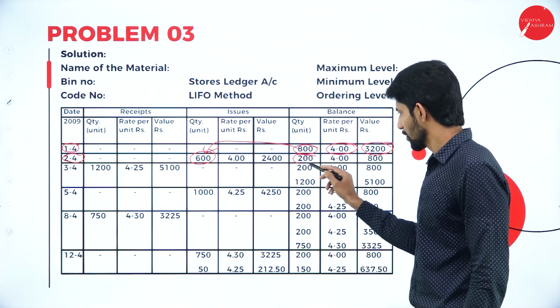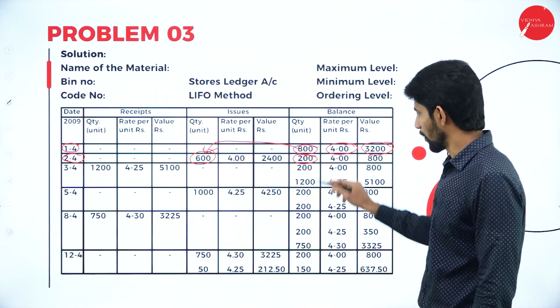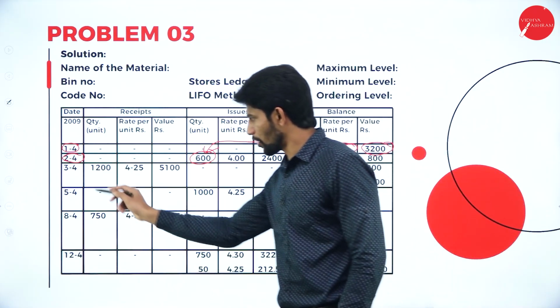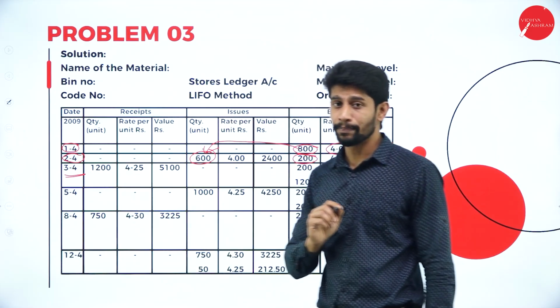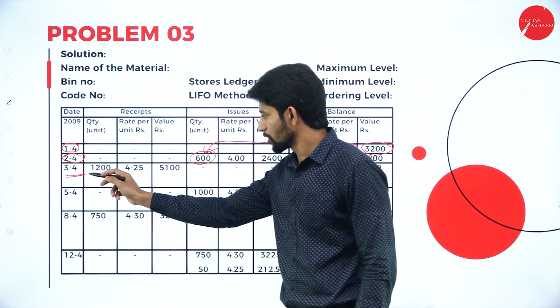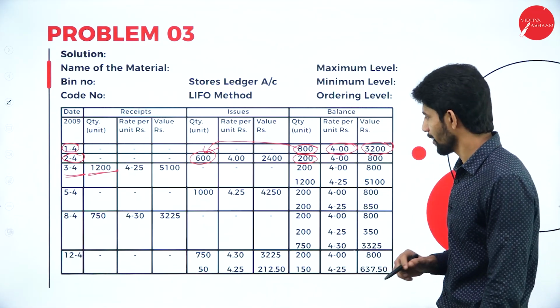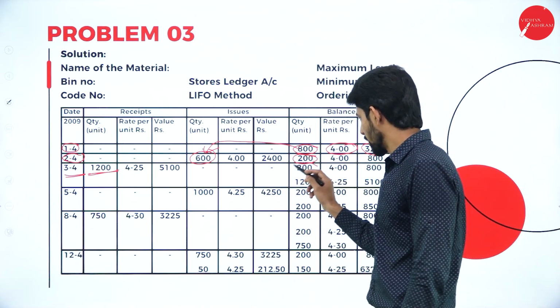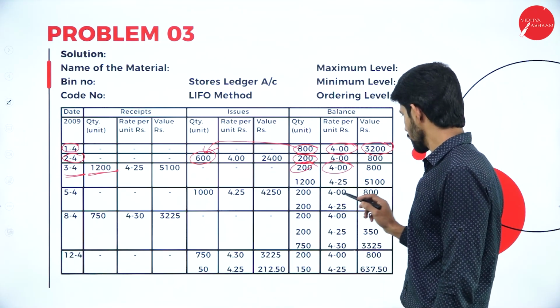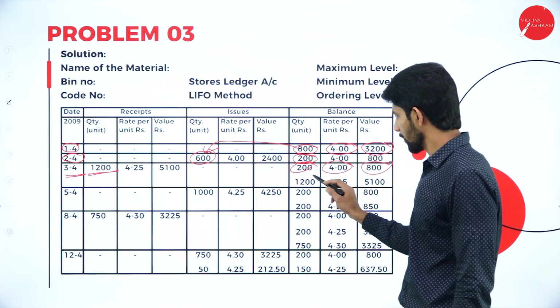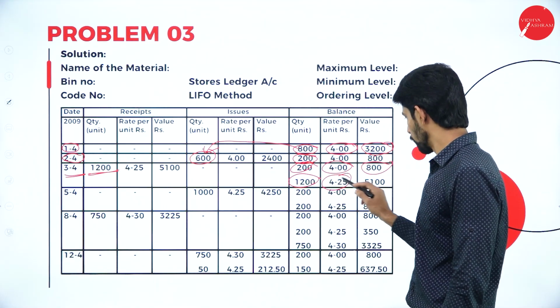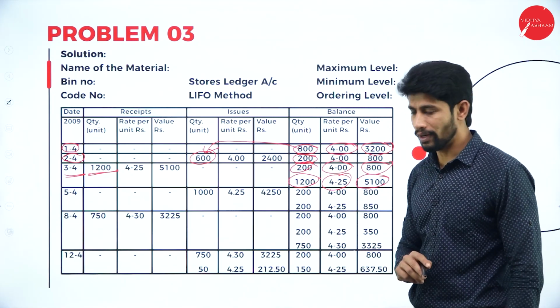What is the balance? 200, right? So write down this 200 balance. Next, on 3rd April, they purchased 1200 units at 4.25. So first here you write 200 units, 4 rupees per unit and 800, and 1200, 4.25 and 5100.